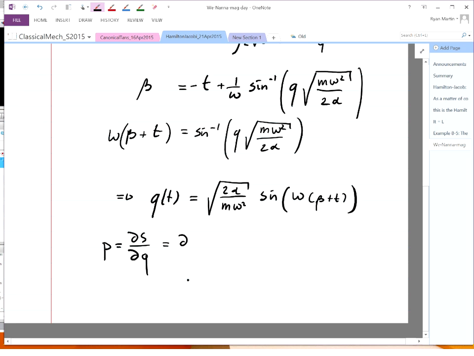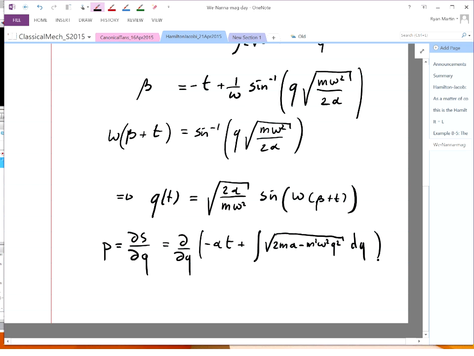So that's equal to ∂/∂Q of S, and S is that annoying integral. So it's minus alpha t plus the integral of the square root of 2m alpha minus m squared omega squared q squared dq.